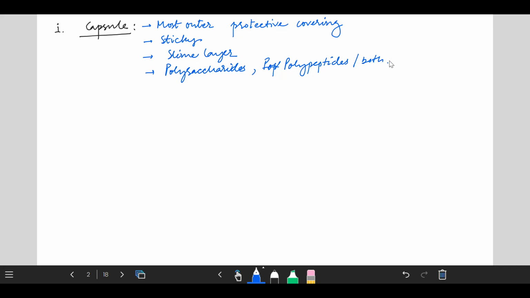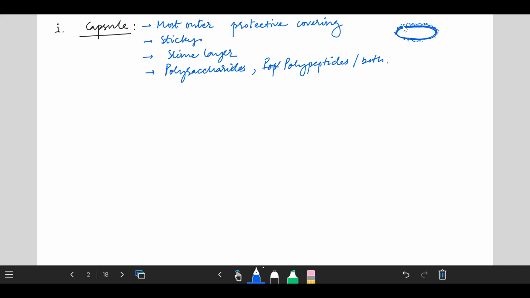So if this is the bacterial cell and this is the cell wall, glycocalyx are the secretory substances present in the upper part of the cell wall like this.